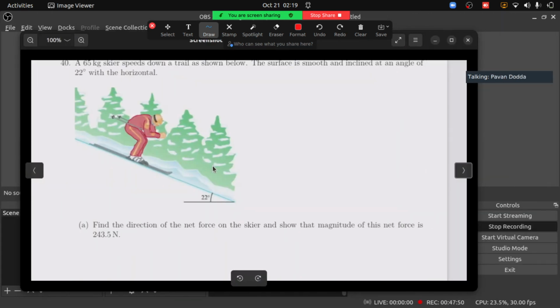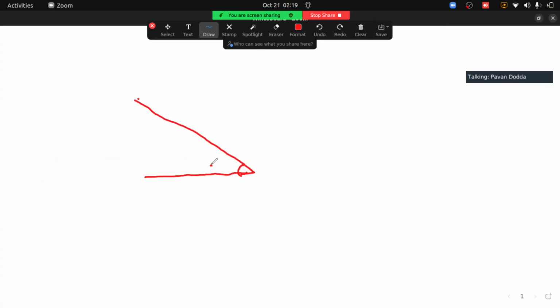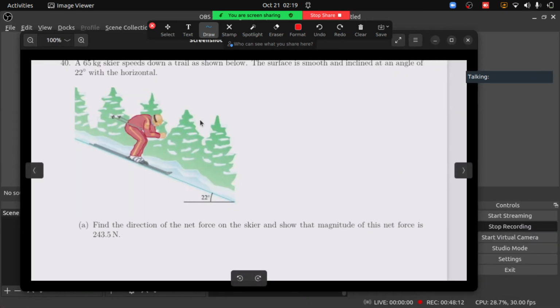This is 22 degrees, right? And a 65-kilogram skier. I'm not good at drawing, so don't mind this. Its mass is 65 kilograms, on a rectangular trail.